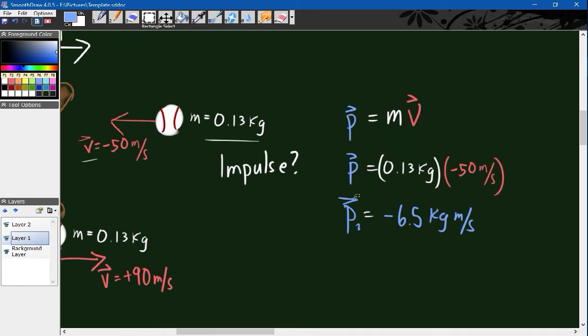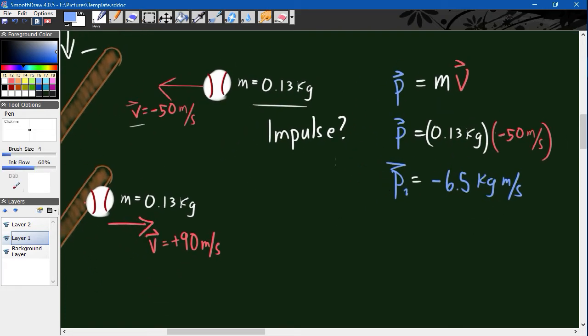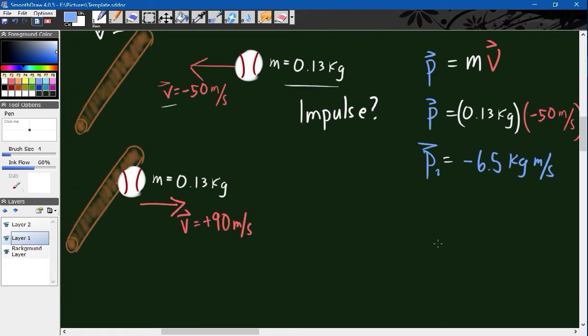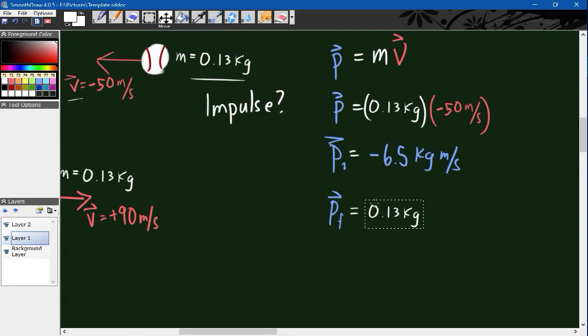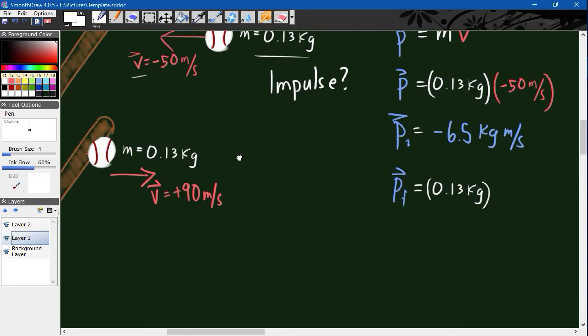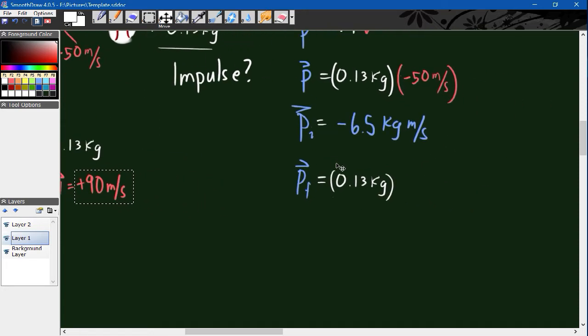This is the object's initial momentum, and then we could figure out the final momentum after it gets hit by the stick. We multiply this by the final velocity.